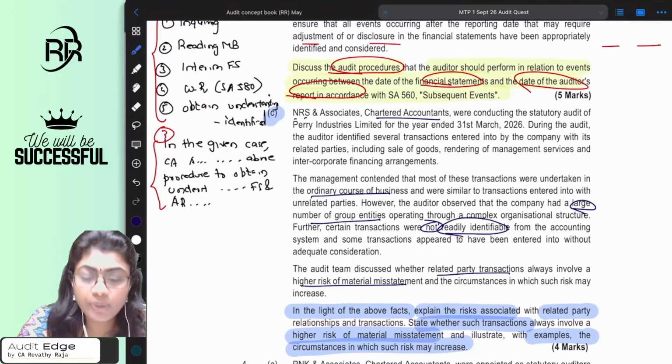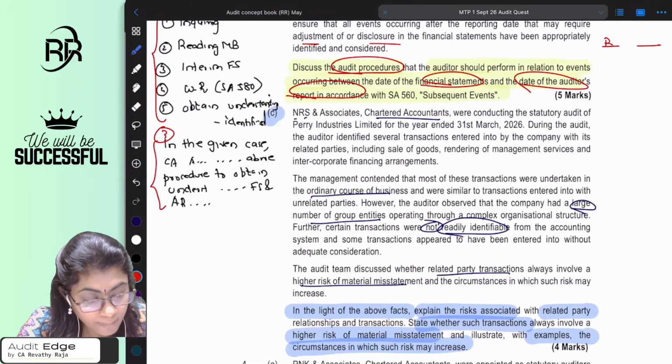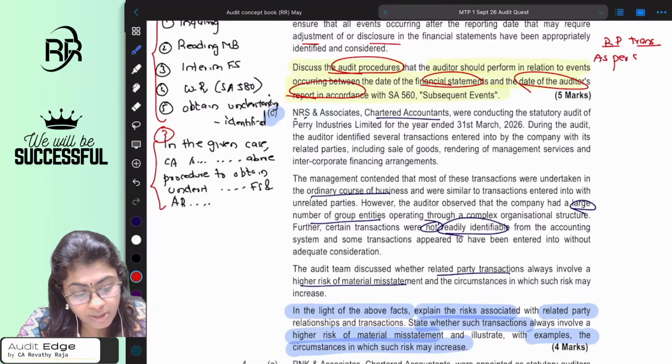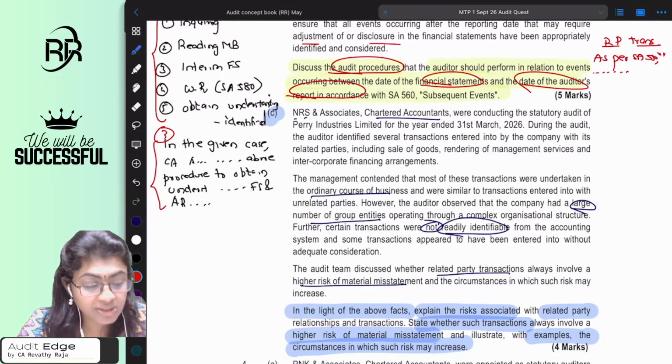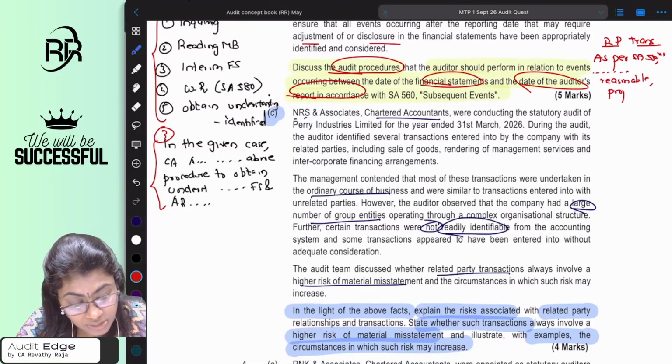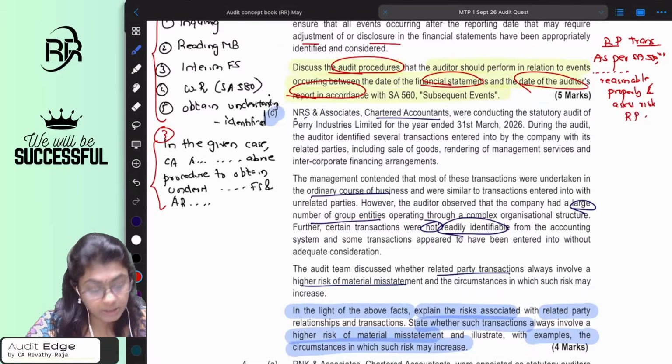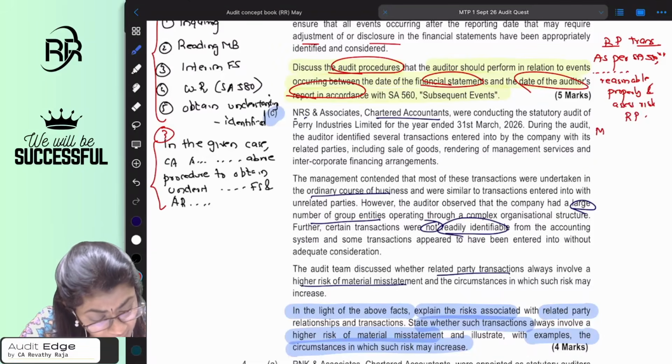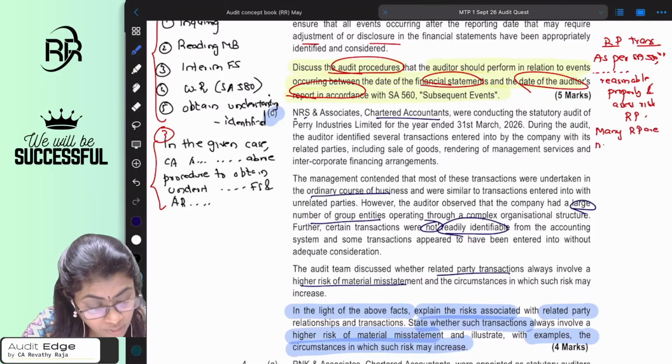Now you can put a heading: related party transactions and relationships. As per SA 550, related party, the auditor shall obtain sufficient and appropriate evidence that related party transactions are reasonable, properly disclosed, and assess risk with respect to related parties. Now, many related party transactions are normal in the course of business.